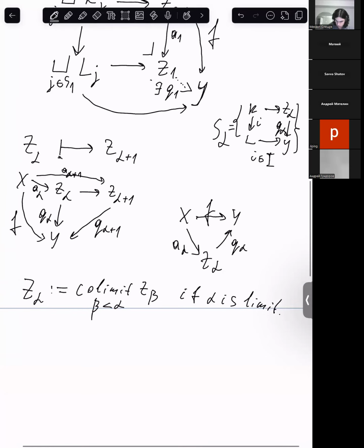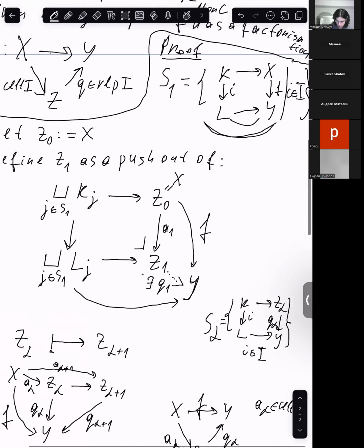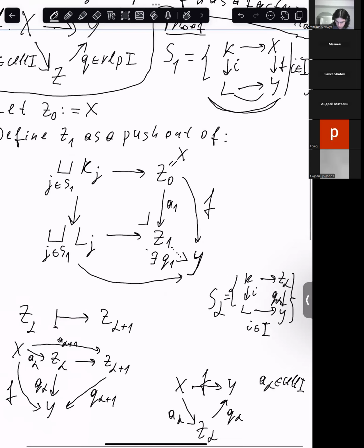And Z alpha is in cell of I by construction. We just attached the cells from I.